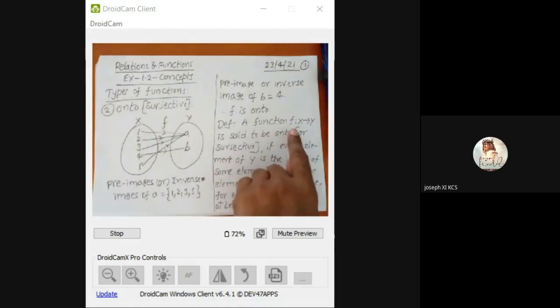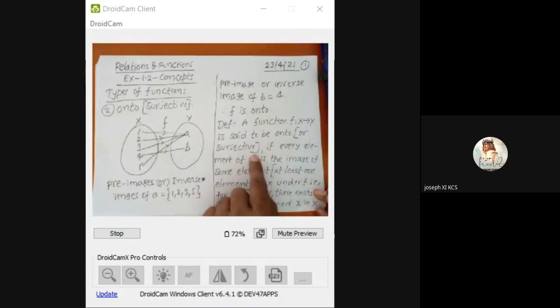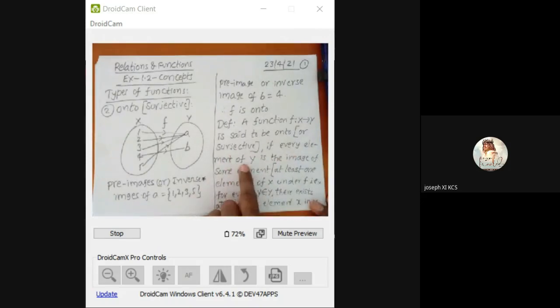A function f is a mapping from X to Y is said to be onto or surjective if every element of Y is the image of some element, at least one element of X under f.